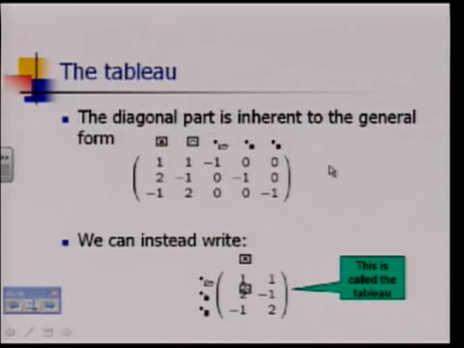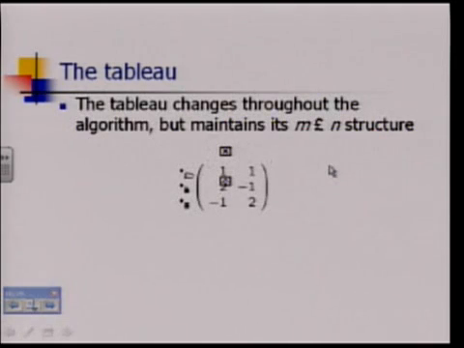And the technique that you introduce is the so-called slack variable to make the inequality constraint an equality constraint. And then you put this into a tabular form, which I cannot really present very well in this.